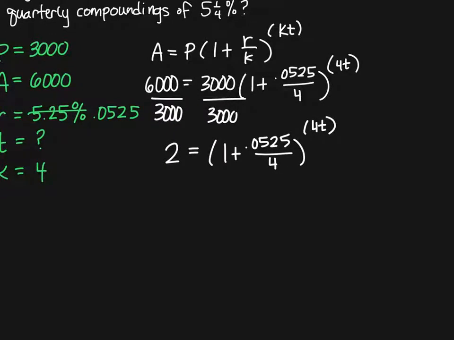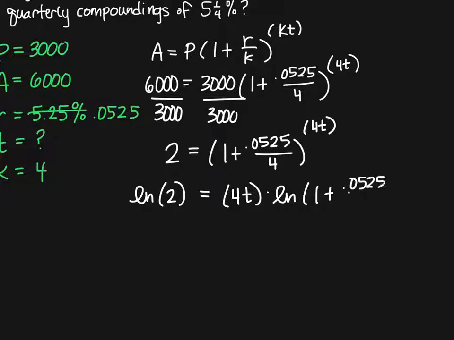Now I can use a logarithm to help me pull the 4t to the other side, to the front. So make sure you put parentheses around your 2. And then pull your 4t, which is still in parentheses, in front of the logarithm, which also has parentheses. Okay, so now my t is out of the exponent, which is great.